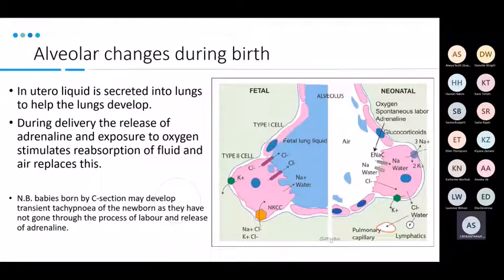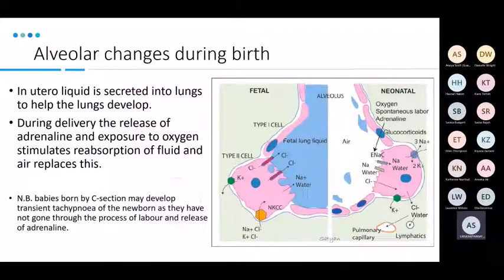During delivery, with the release of adrenaline, with the oxygen that they're breathing in, the ion channels switch, the chloride ions are pulled out of the alveolar space, and the water and the sodium channels start going through as well. And this is all absorbed back, and it allows for the air to replace the space instead of the liquid.